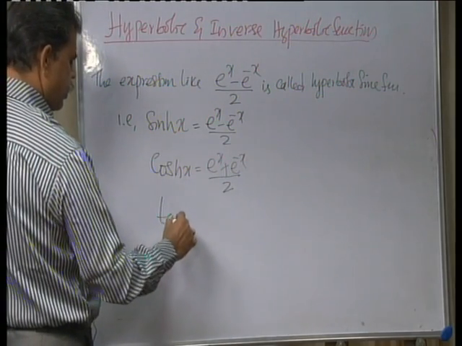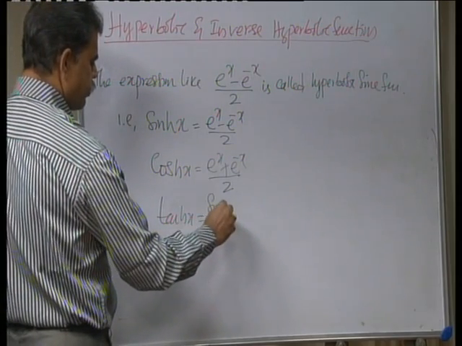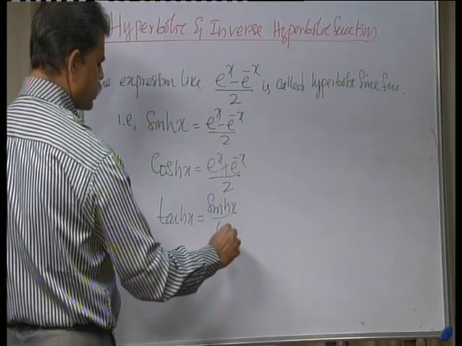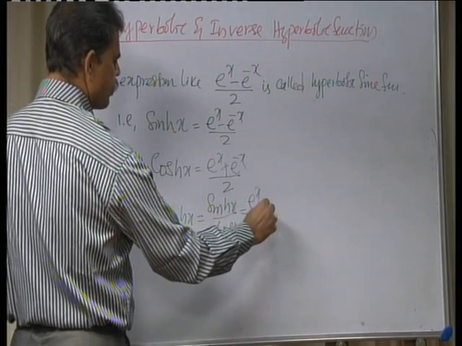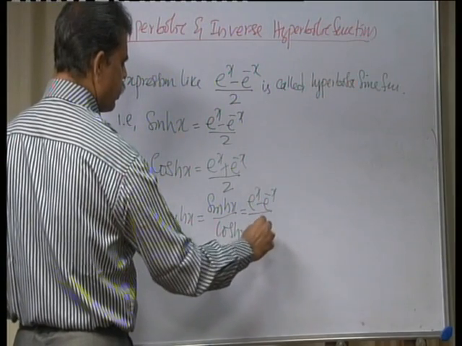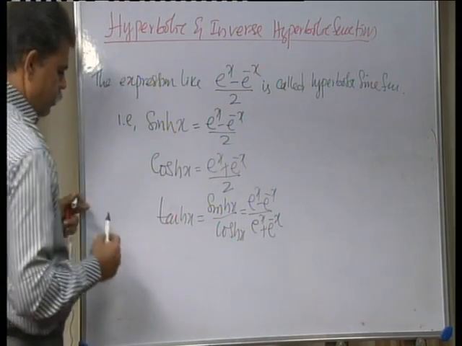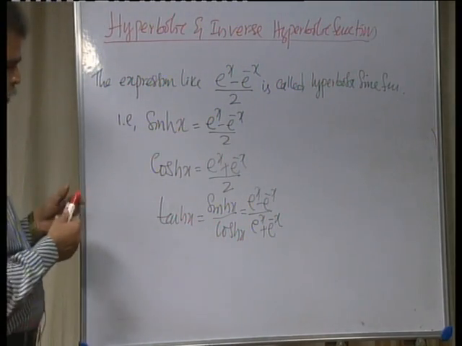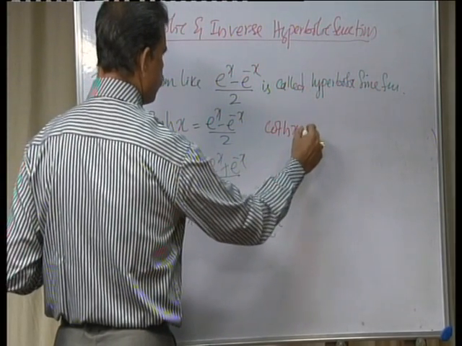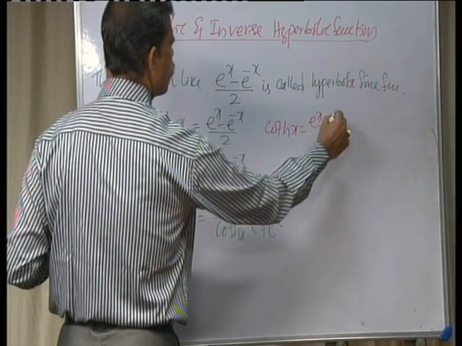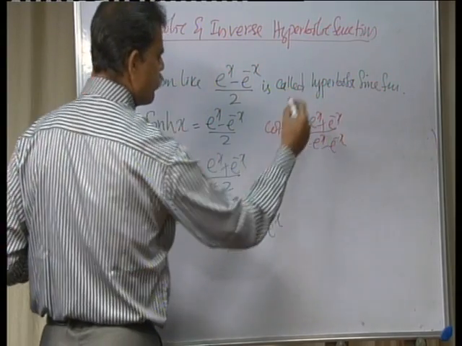Then tan hx can be taken as what? Tan hx can be taken as sin hx divided by cos hx. Therefore, it will become e to the power of x minus e to the power of minus x by e to the power of x plus e to the power of minus x. Similarly, cot hx is equal to e to the power of x plus e to the power of minus x by e to the power of x minus e to the power of minus x.